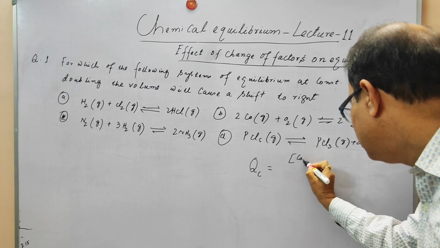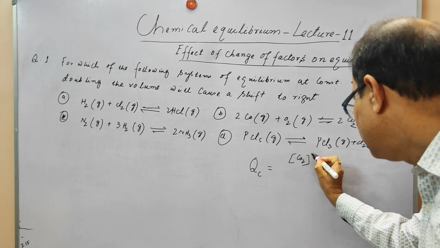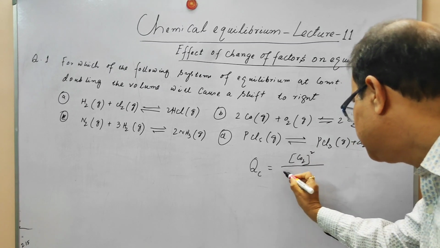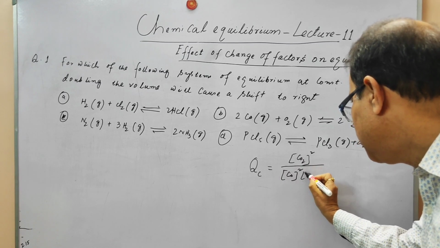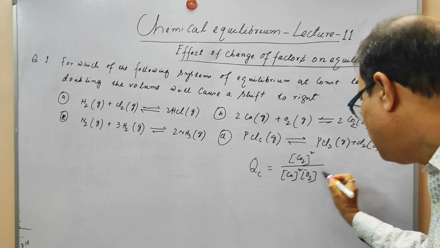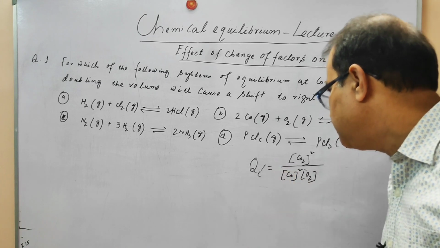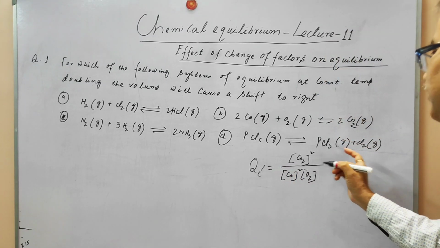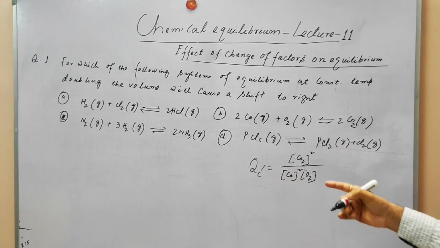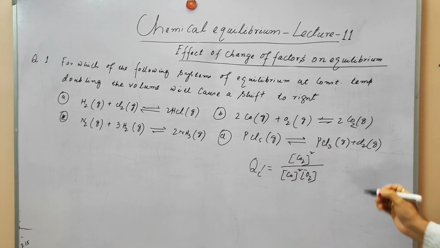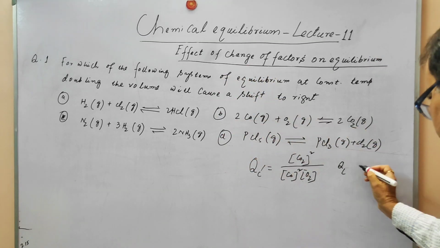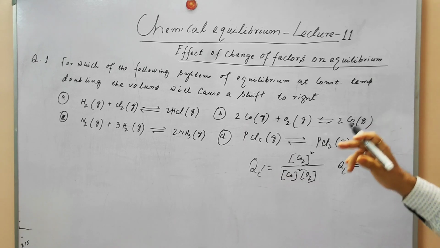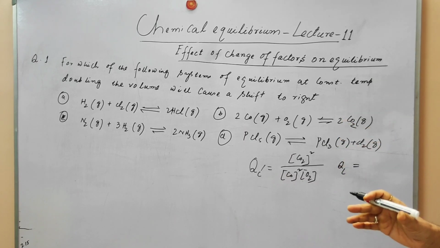That's CO2, the concentration of this and this. So this is reaction quotient 1, which is equal to the equilibrium constant. And when the volume is doubled, what is going to happen? The concentration will be reduced.